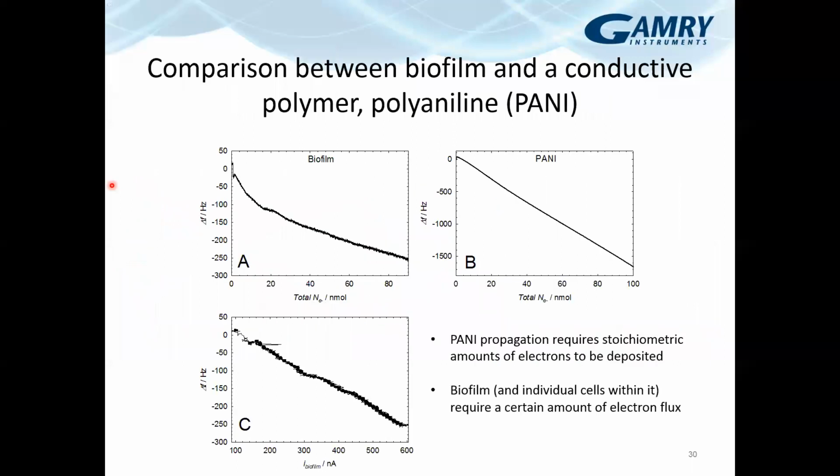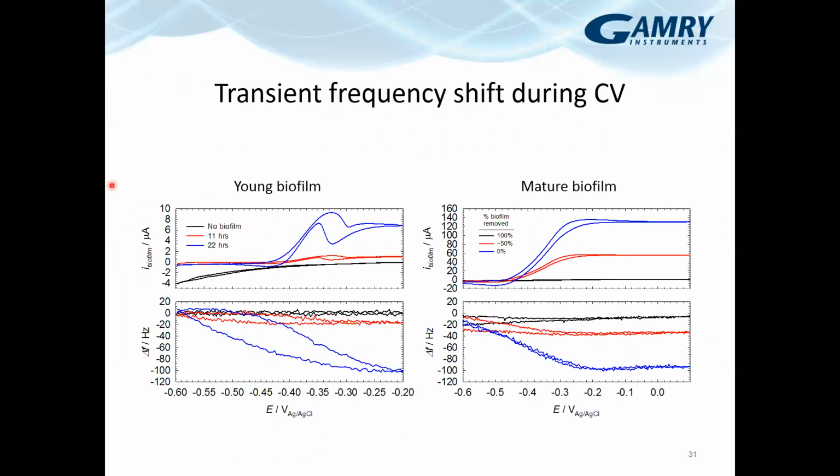I would say you might be referring to this slide, where you can see a frequency shift during a CV experiment. This CV experiment is, I think, a scan rate of 10 millivolts per second, and it works out to be 5 minutes. So in the course of 5 minutes, you can modulate the frequency shift, or essentially the apparent mass, or the Sauerbrey mass, of your biofilm.